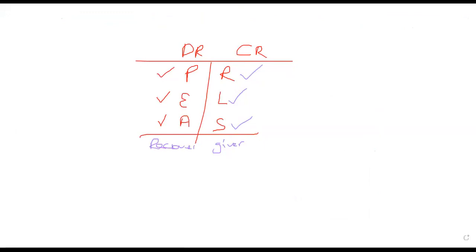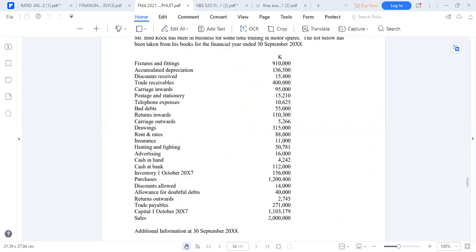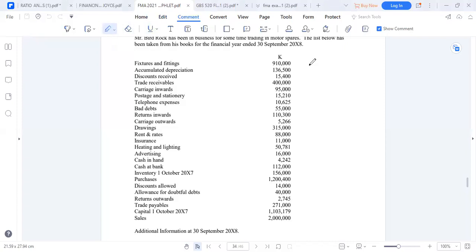Right. Now I'll give you a list also that I need you to help me identify whether it's debit or credit. So let's start with fittings and fixtures there. Just tell me if it's debit or credit. So this is not balanced, so you can tell me quickly. Credit. Fittings and fixtures, is it right?